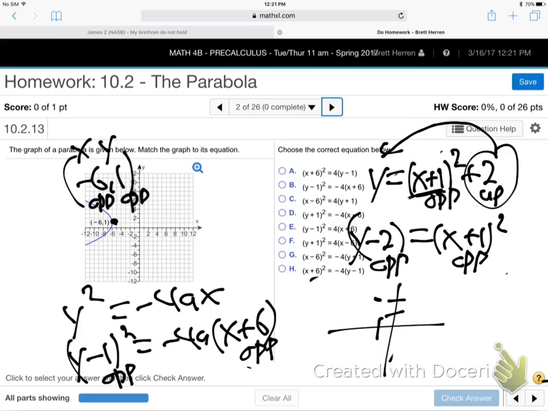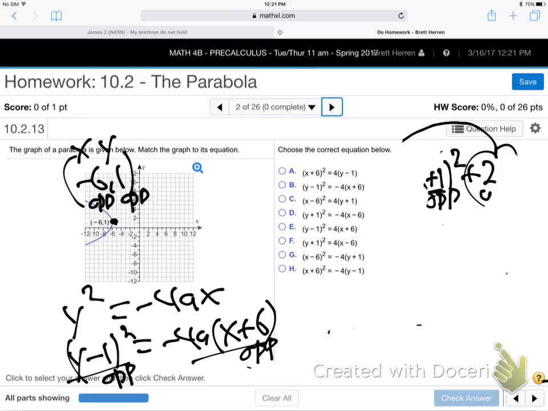I'm glad you asked. So you look at this and you go opposite, because it's right next to x, right next to y. There's my equation, except I don't know a. Can I get my hands on a? How can I find a? Well, I don't even need to, I don't think. I think that's enough to grab the right option. So which one of these is y minus 1 squared?